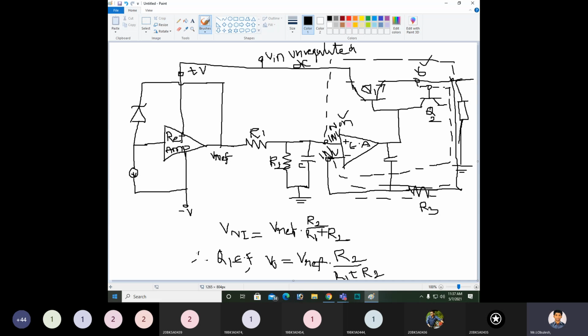Then what will happen? This Q1 goes more into conduction.